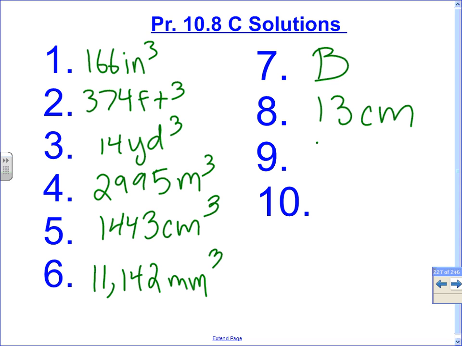No. Briar, number 9. No. Mary? Yep, 9 yards. Emma H, number 10. Nope. Annalise, number 10. Nope. You guys forgot about the 1/3. Alyssa? No. Sean, good job.